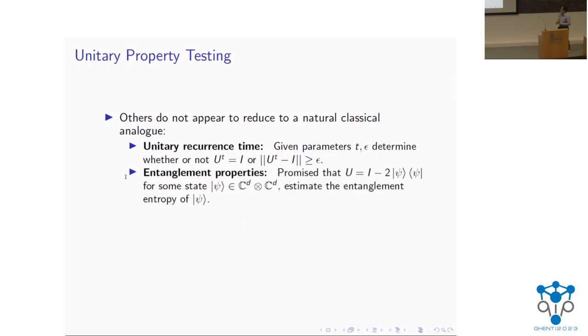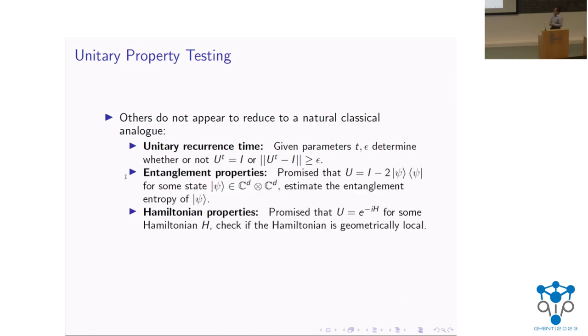So I'm going to go through three of them. The first one is this unitary recurrence time. Basically, you have some access to a unitary process, and you want to know if you run it for t times, does it go back to identity? Does it have a cycle of length t? Another one you might think about is, well, now we have the similar oracle from the last problem with dimensions, but it only flips one state, and we're curious about if that state is highly entangled or if it's a product state.